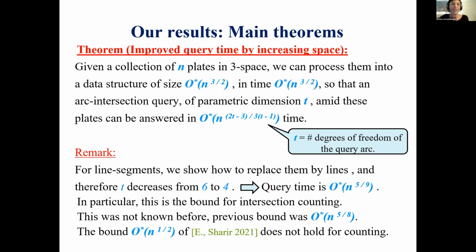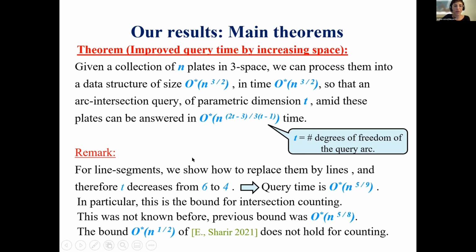I'm almost done. And we also showed another extension of this result, how to improve the query time if we are willing to increase the space. So we got a data structure of size and preprocessing n to the 3/2 with this query time, where T is the number of degrees of freedom of the query arc.